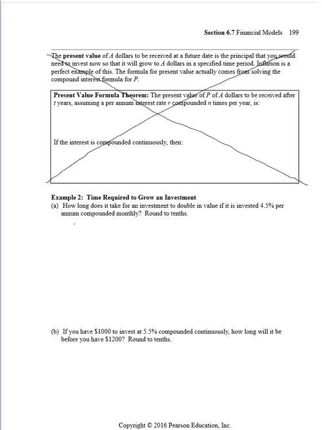So if we put in P and we want it to double, that means our amount that we want out is going to be 2P. So we've got 2P equals P times 1 plus the rate 0.045 divided by, it's compounded monthly, so divided by 12, to the 12t.